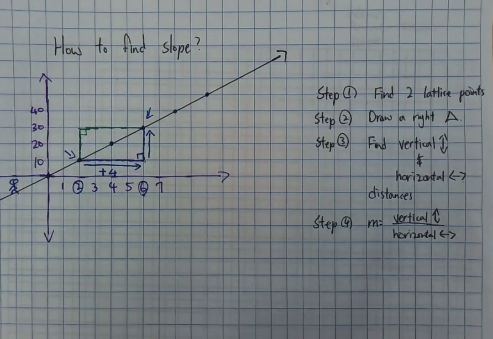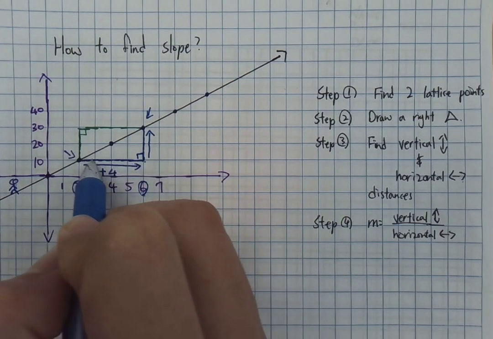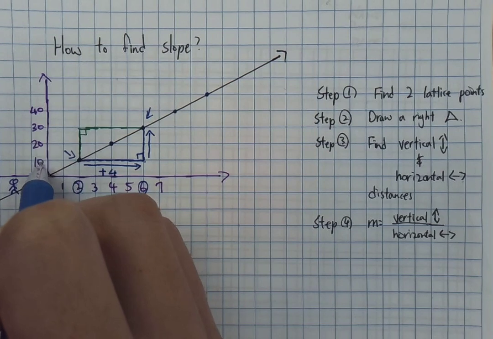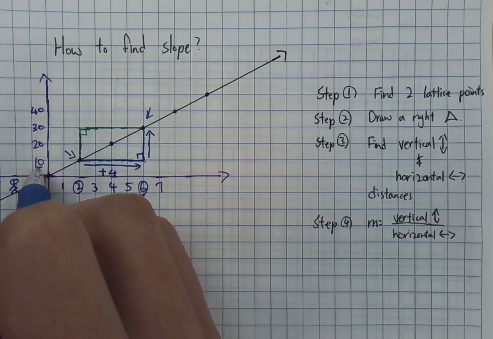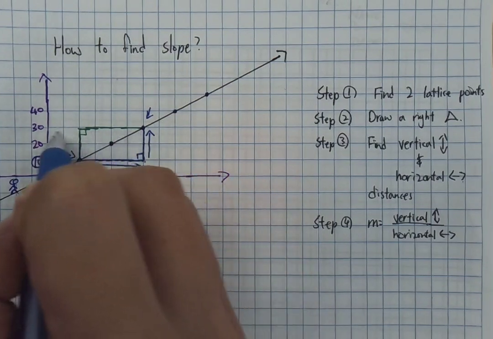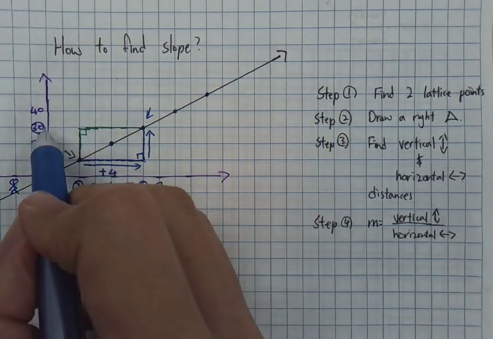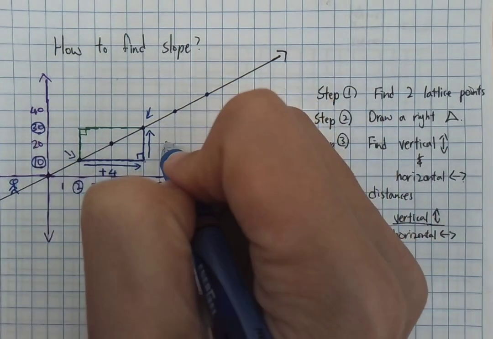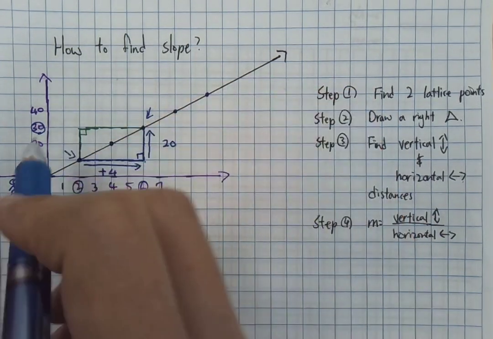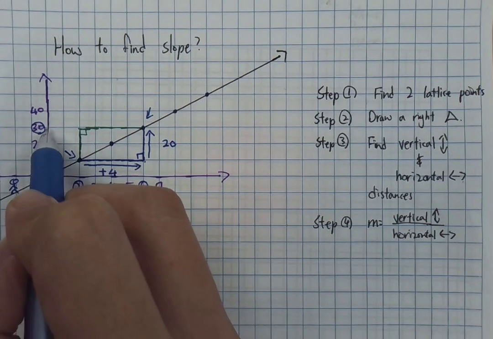What about my vertical distance? Again, I start from here. Vertical is top and bottom, so I look at the numbers on the left, over here on the y-axis. I start at 10, and I end at 30. So how do I find the distance? 30 minus 10, which is 20. I also know that each square is going up by 10. 10, 20, 30.